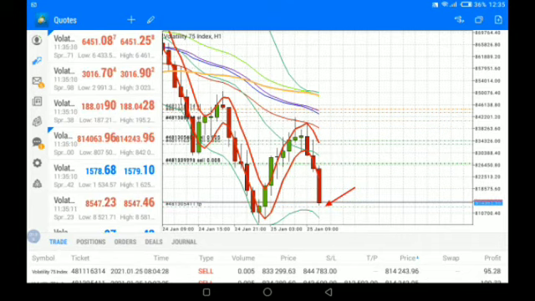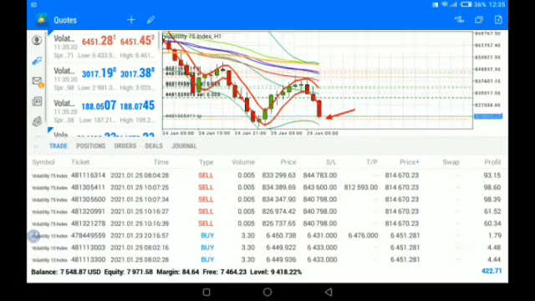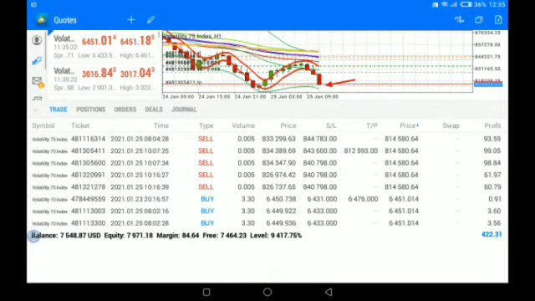Hopefully this is going to hit TP anytime soon. This is going to smash TP anytime soon. We can actually see the profit so far. Fingers crossed.